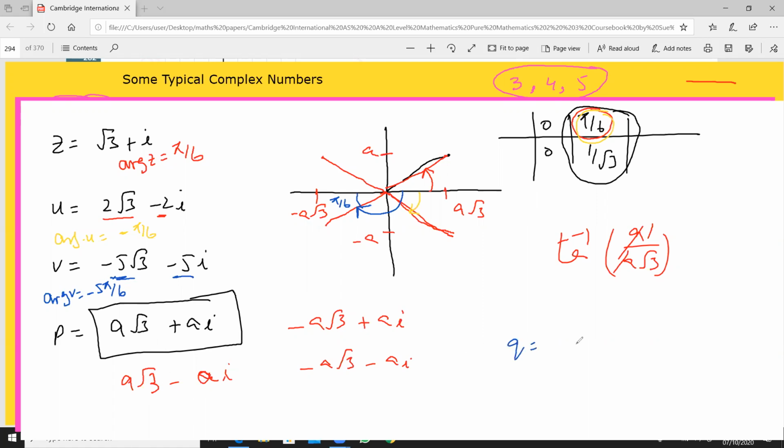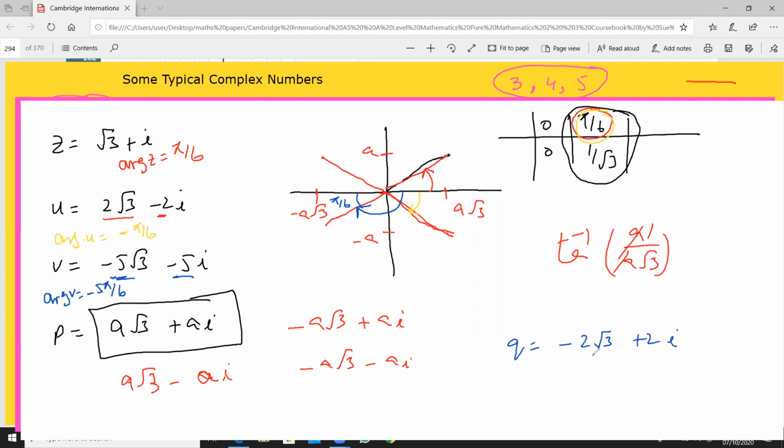And for this one over here, let's say there is a complex number q, which is minus 2 under root 3, and then plus 2 iota. So which quadrant is that? Second.